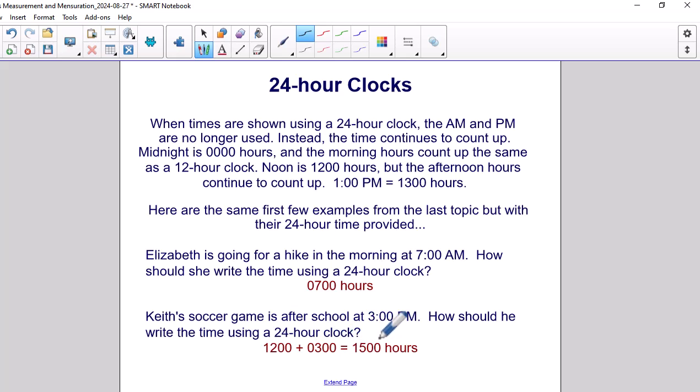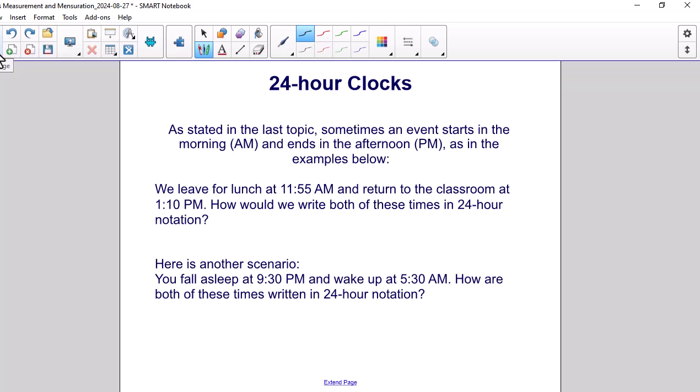of 1500 hours. As stated in the last topic, sometimes an event starts in the morning, AM, and ends in the afternoon, PM, as in the examples below.